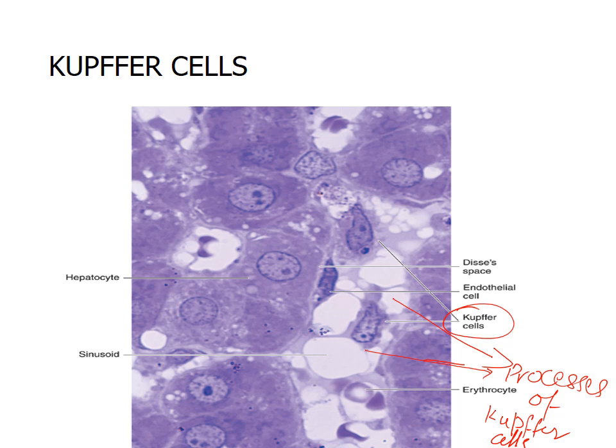Now this is the hepatic sinusoid, showing its lining cells. The Kupffer cell has an oval nucleus, and the cytoplasmic processes are there. And this is the endothelial cell with flattened nuclei. So these are lining the hepatic sinusoid.